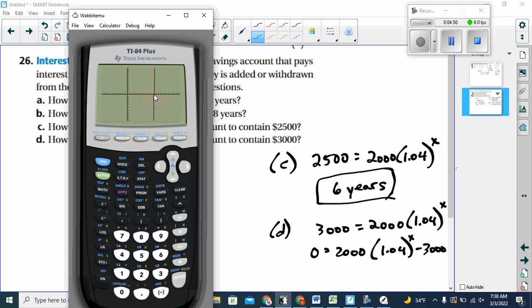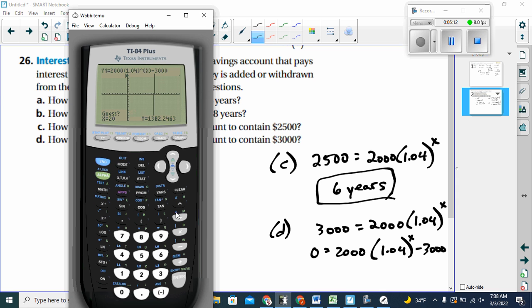So to find the x-intercept, we're going to calculate, second trace, the zeros, which is number 2. And that x-intercept looks like it's around 10 or 11 in that range. I know it's definitely between 0 and 20. So left bound 0, right bound 20.